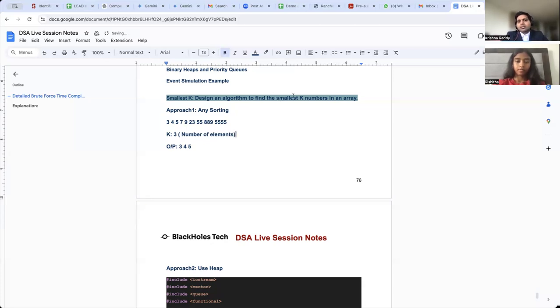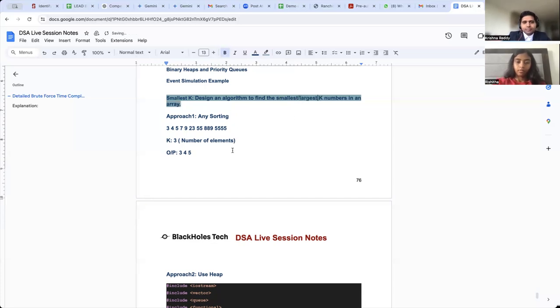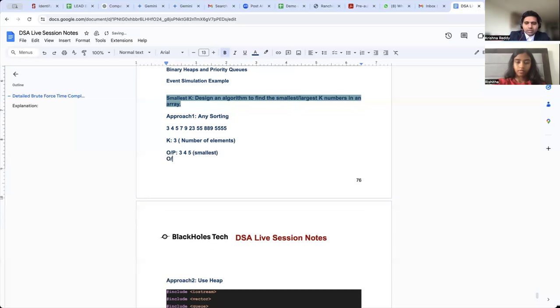So if they ask you for the largest, what do we do? This is for the smallest values. For the largest, go through the whole range, the last three, that's it.